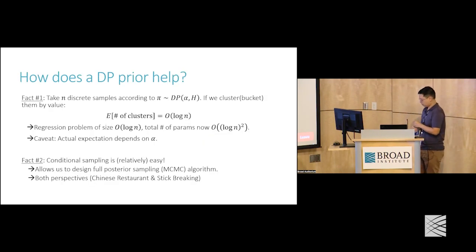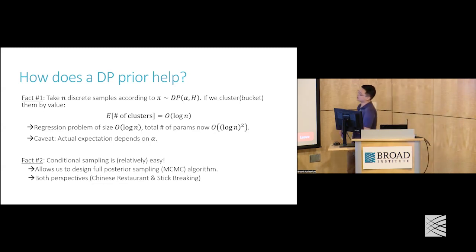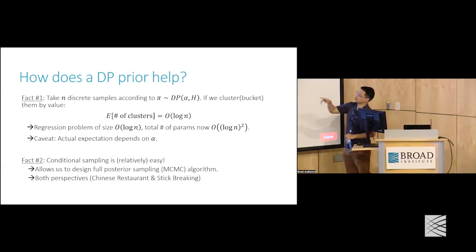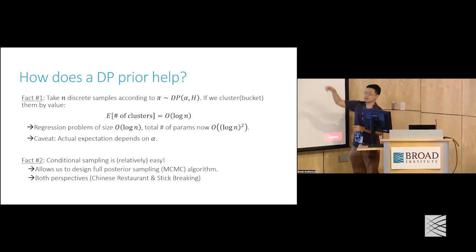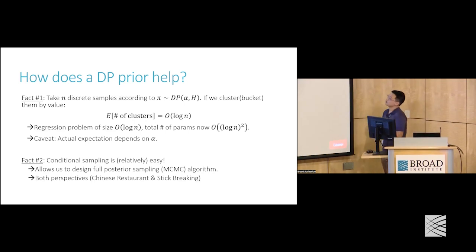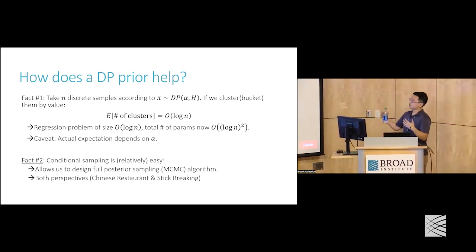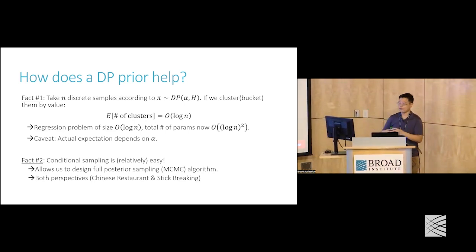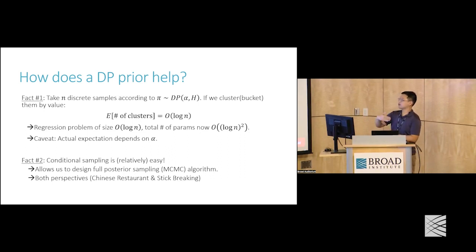Now that we've put this prior on it, maybe we should stop and think, how did this actually help? Here's a fact about Dirichlet processes: if you take n discrete samples according to a random probability distribution from a Dirichlet process, you can show that if you bucket your n samples by value, the number of unique clusters that you'll see is on the order of log n.